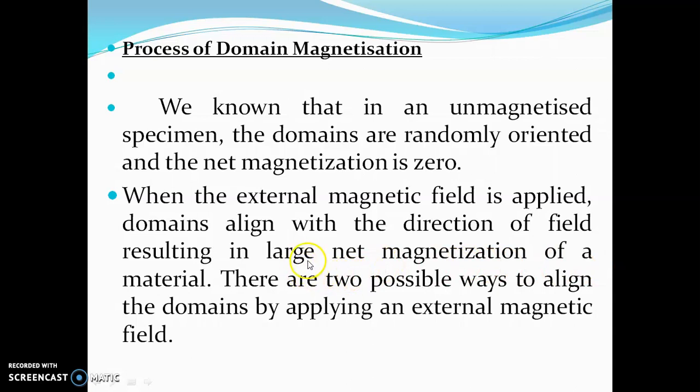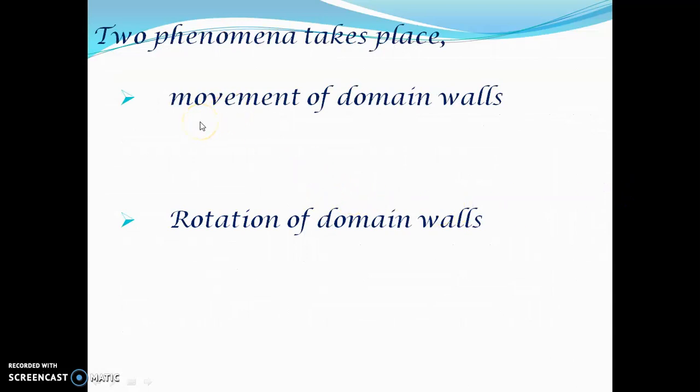This magnetization process involves two steps, and we are going to discuss these two steps. The two steps are: one, movement of domain walls, and second, rotation of domains. Magnetization occurs in these two steps.